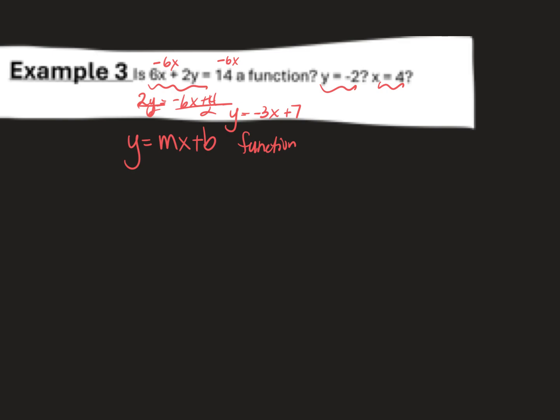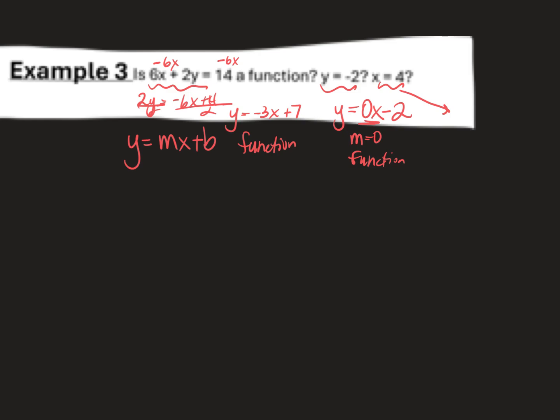Y equals negative 2. Yes, it can be written in that form. Y equals 0x minus 2, because the slope is 0. If you don't have an x, then the slope is 0. So yes, this is a function. And the last one, you cannot write that in the form y equals mx plus b.